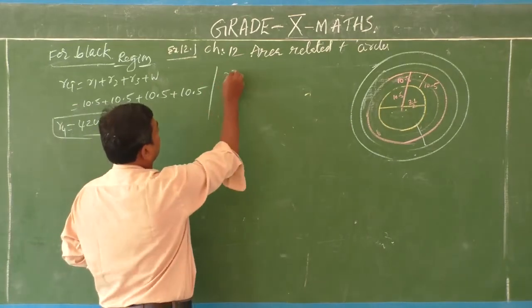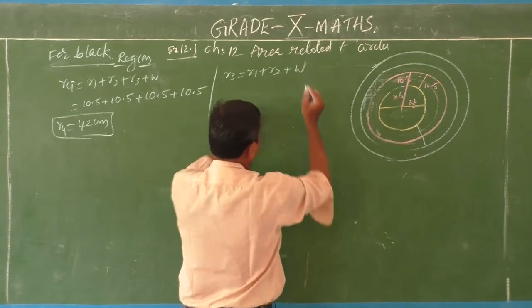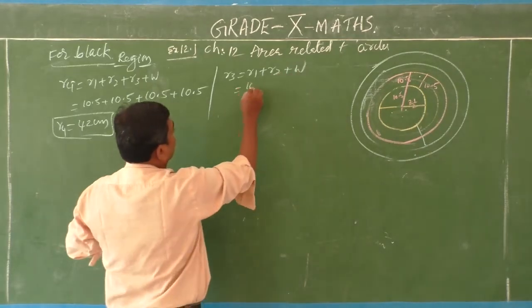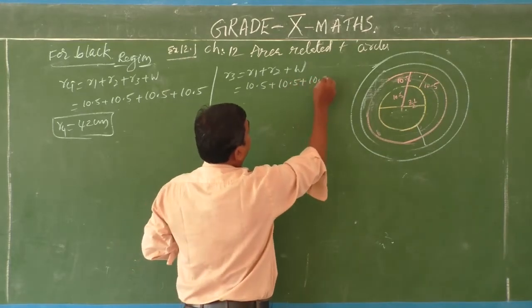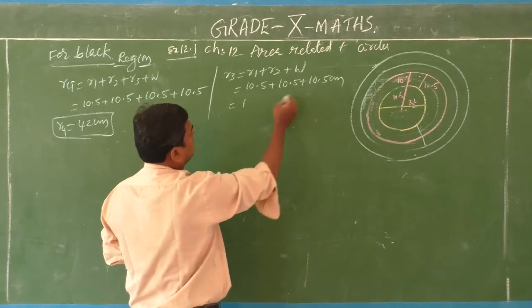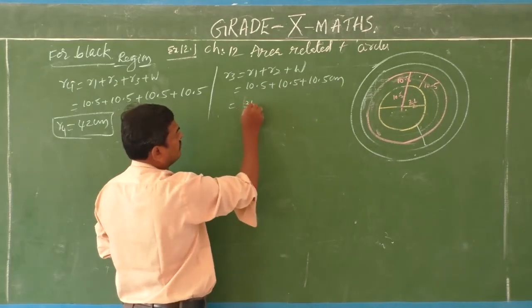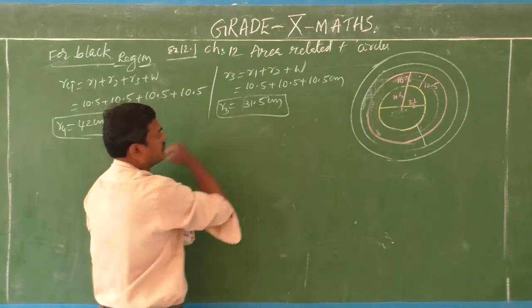Now here R3 equal to R1 plus R2 plus width. So 10.5 plus 10.5 plus width 10.5 centimeter. That equal to 31.5 centimeter. This is R3.